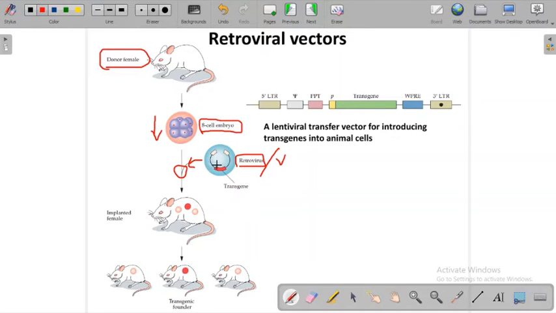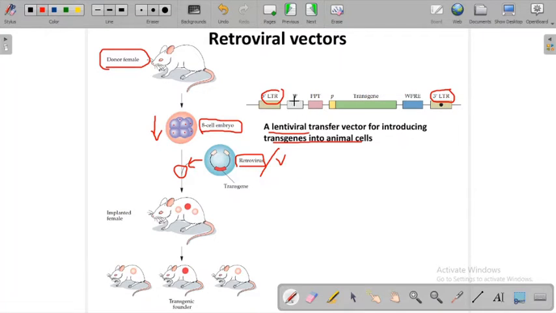Now there are types of retroviruses, like lentivirus, which has that property: a lentiviral transfer vector for introduction of a transgene into animal cells. There is the segment of DNA, and you can see here the termini of the lentivirus. The terminal segments are there, 5' and 3'.